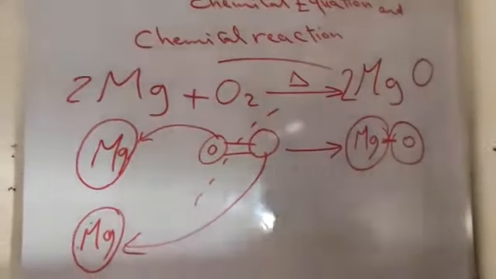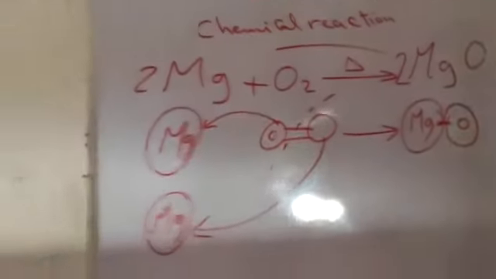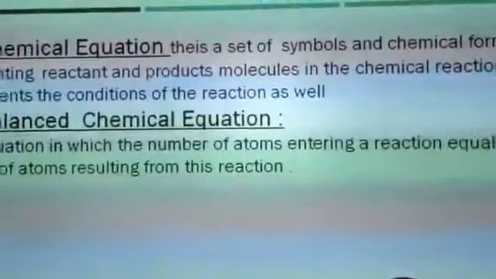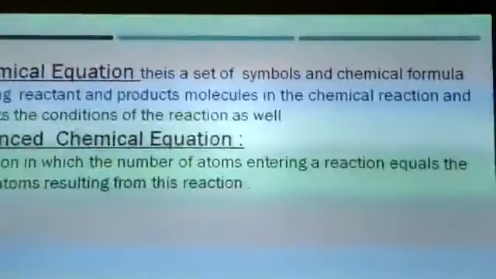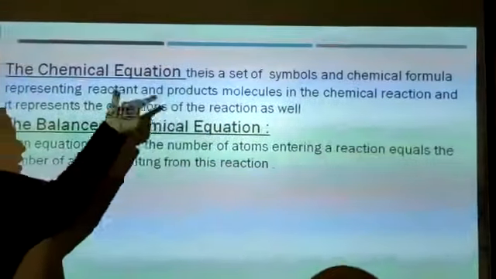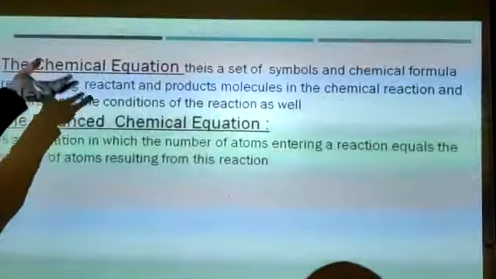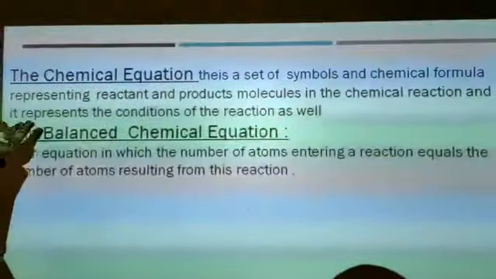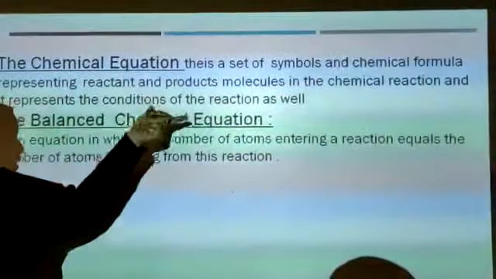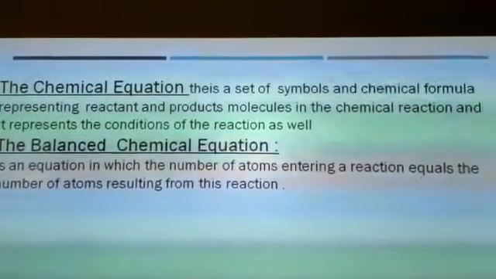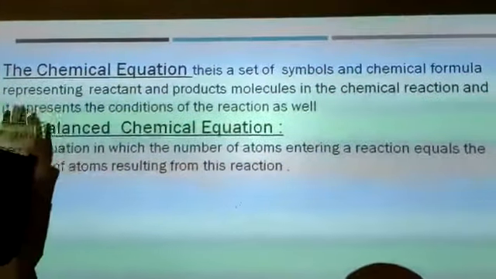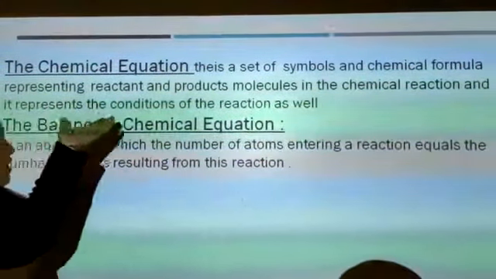Okay? Number 2, the chemical equation. What is meant by equation? An equation is a set of symbols or chemical formulas that represents the reactant and the product molecules in the chemical reaction, and it represents the conditions as well.